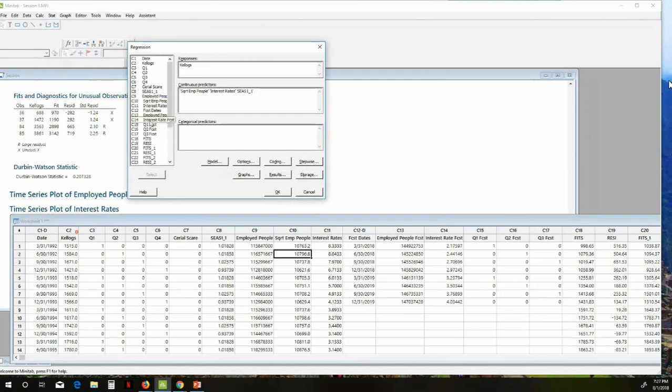And we wanted the, where is that? Oh, here it is, serial scare. That didn't go there. It's a categorical variable. Serial scare goes right down here in categorical. Remember, it's ones and zeros. Here we go. Bang.